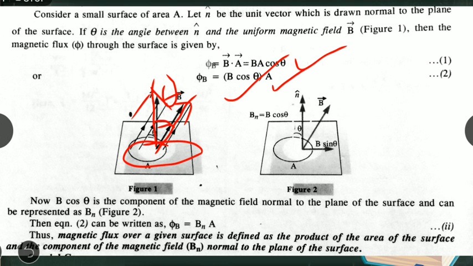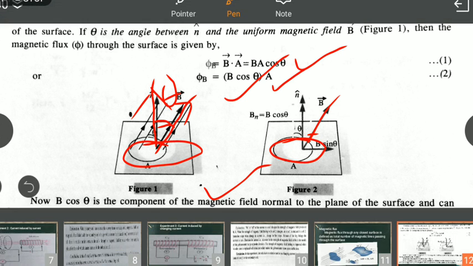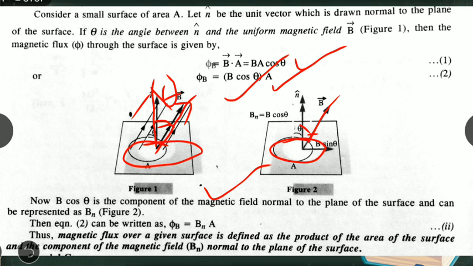Here B cos theta is the component of the magnetic field normal to the plane surface. You can see in this diagram that the vector B has been resolved, and the component along the unit vector is B cos theta.